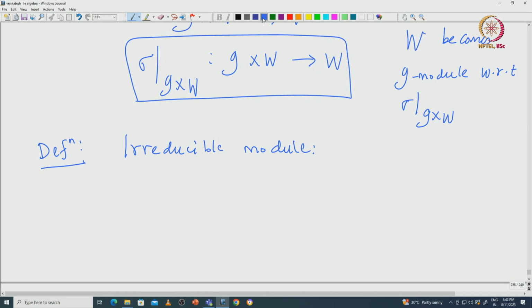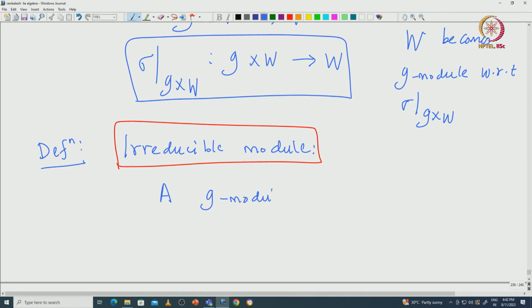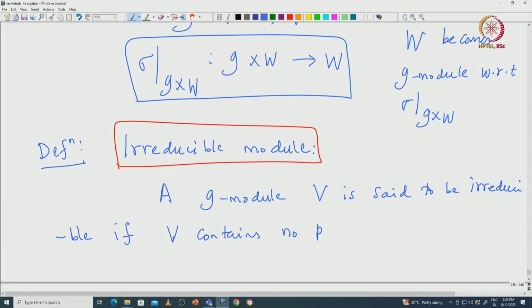Okay. So, once we have defined what are called submodules, then it is easy to define what an irreducible module is. A G module V is said to be irreducible if V contains no proper non-zero submodule.